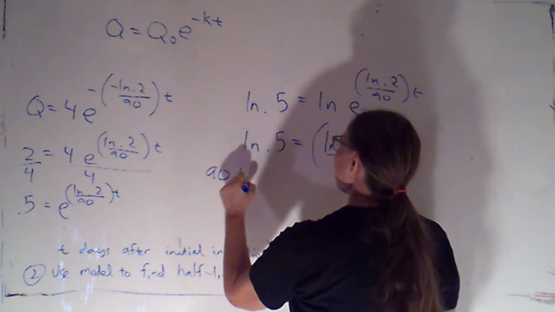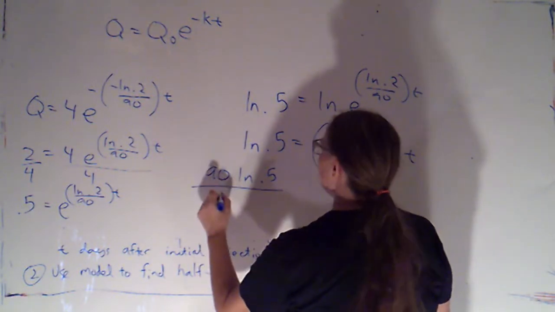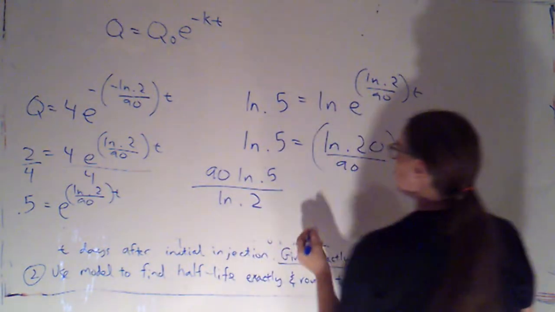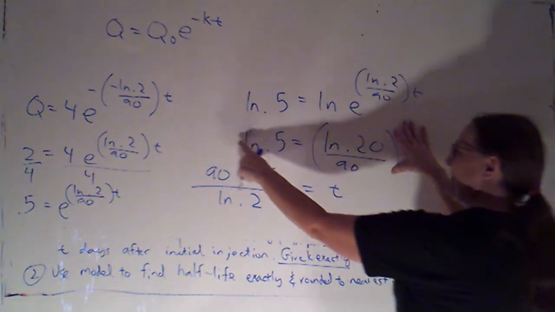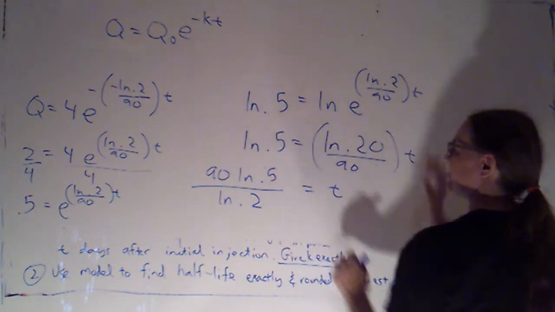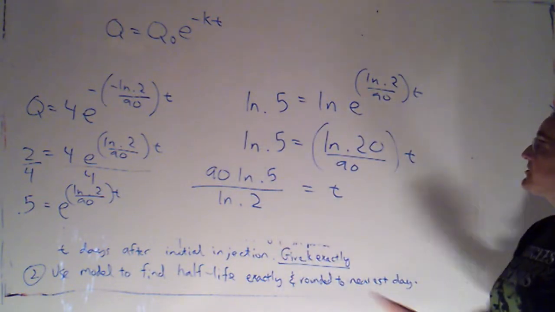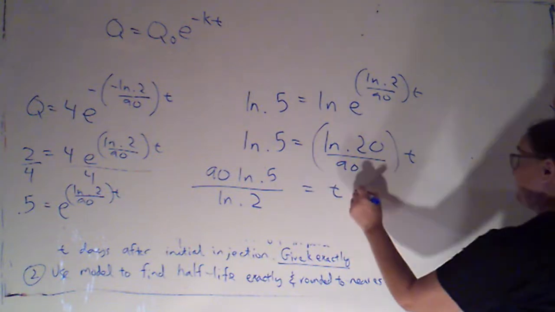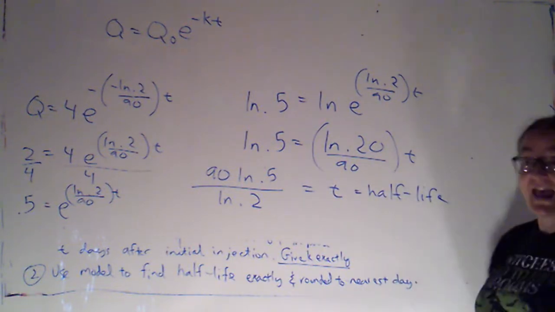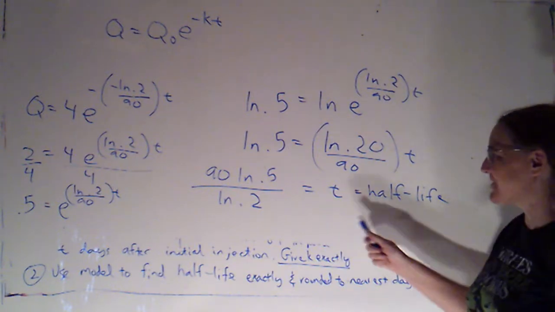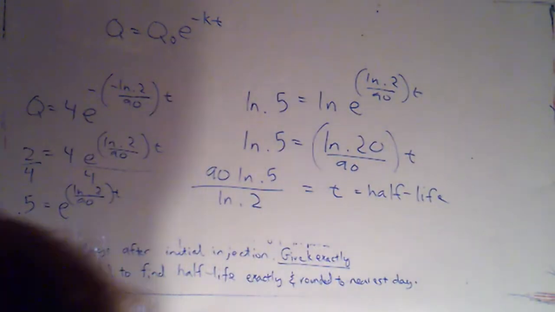So 90 natural log of 0.5 over the natural log of 0.2 is going to equal t. Multiply by 90, divide by the natural log of 0.2. So that's my half-life, because that was the time at which we would have half of this stuff left. So that's what we were asked to find in the second question.